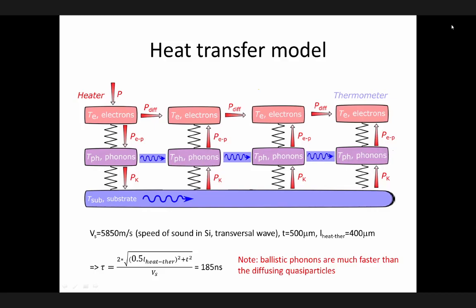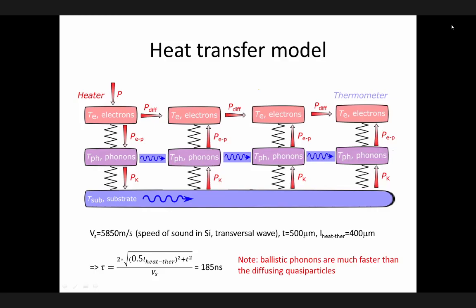But on the way, from the heater you emit phonons into the substrate, and these phonons propagate in the substrate, bouncing forward and back in the silicon. They create phonons in the pad, and this creates secondary quasi-particles in the pad. This path is actually much faster than the diffusion path.